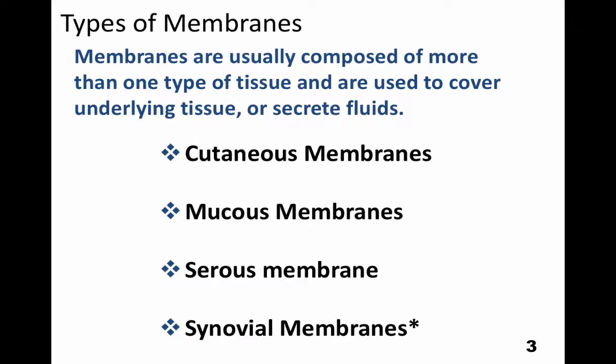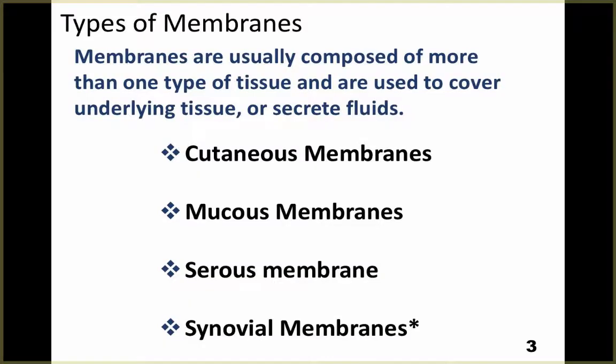There are several different types of membranes, and membranes are usually composed of more than one type of tissue and are used to cover either underlying tissue or secrete fluids. So there's what's known as cutaneous membranes. A perfect example of this is skin, right? And it's made of both epithelial and connective tissue.